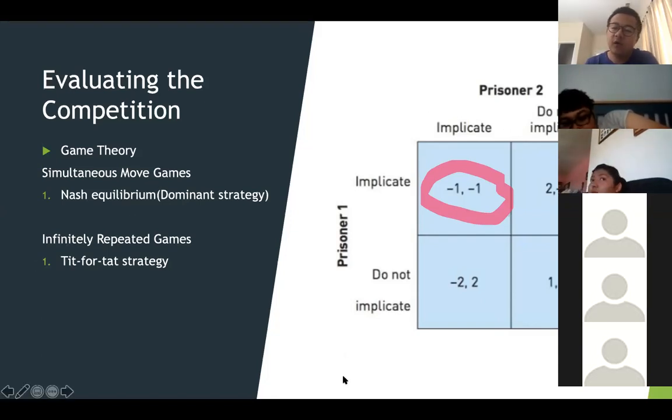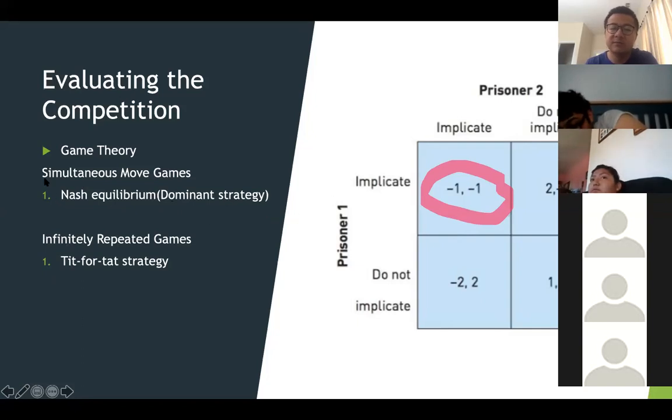So for this class, I think you need to understand the meaning of Nash equilibrium and the tit-for-tat strategy. Here, because we adopt a dominant strategy, we can achieve Nash equilibrium.